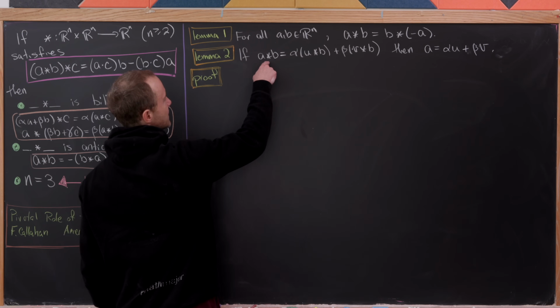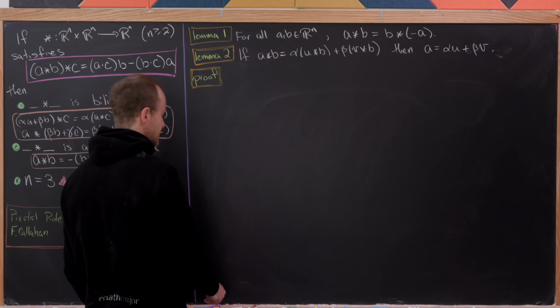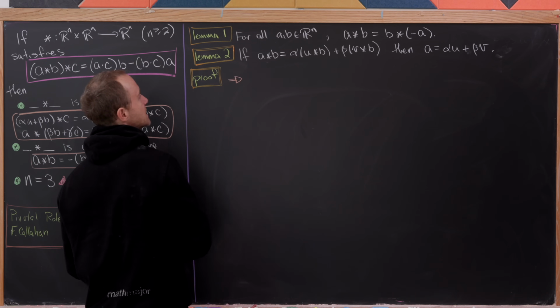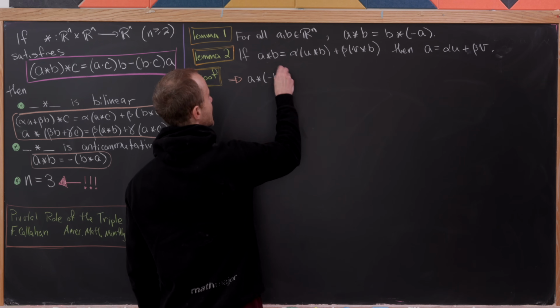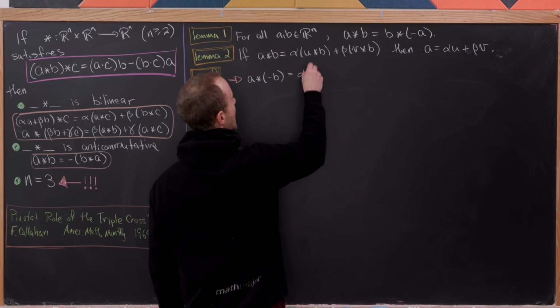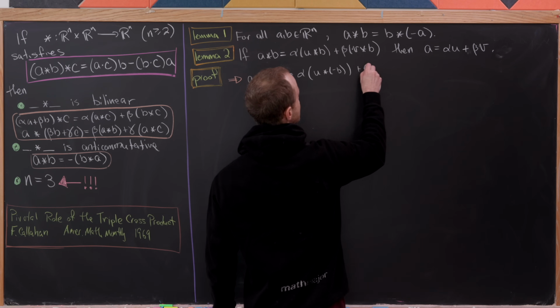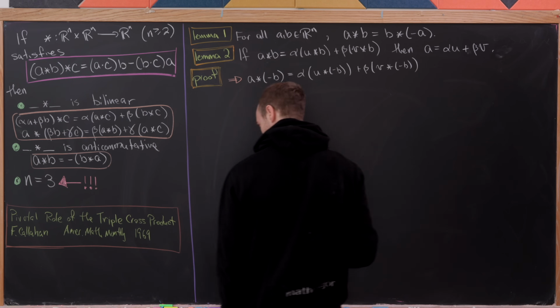So let's start with this equation right here, the given, and let's replace the b with minus b. So that's going to give us alpha star minus b is equal to alpha u star minus b plus beta v star minus b.